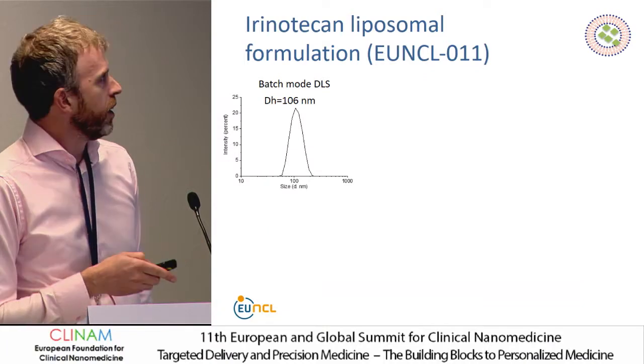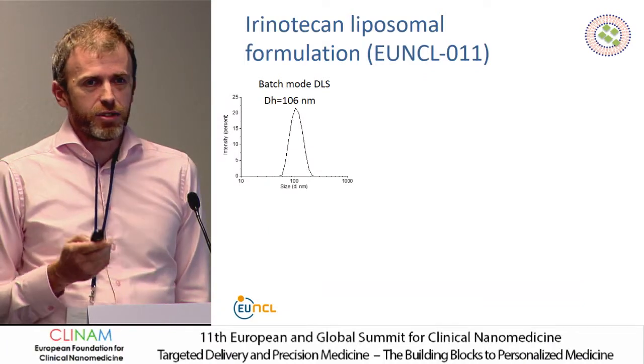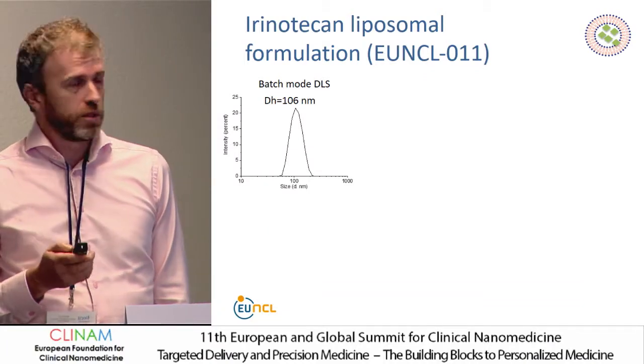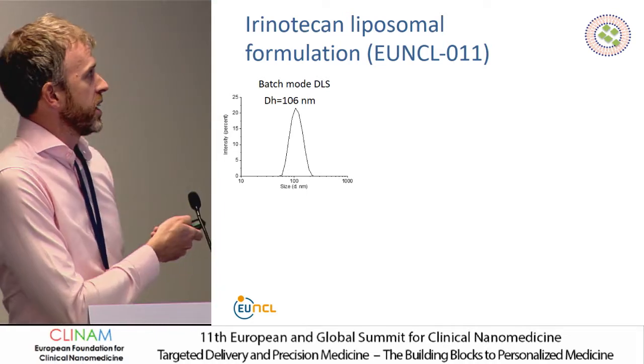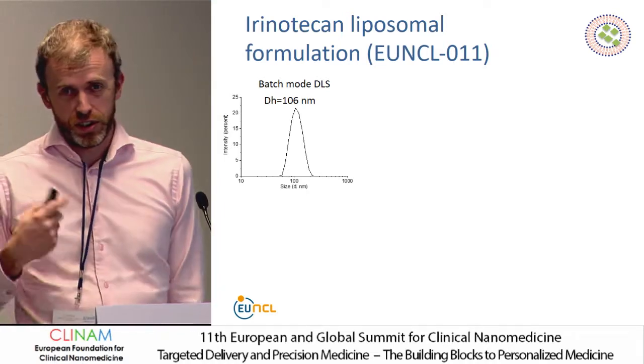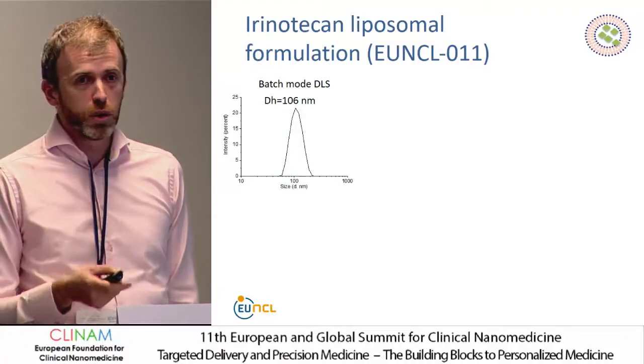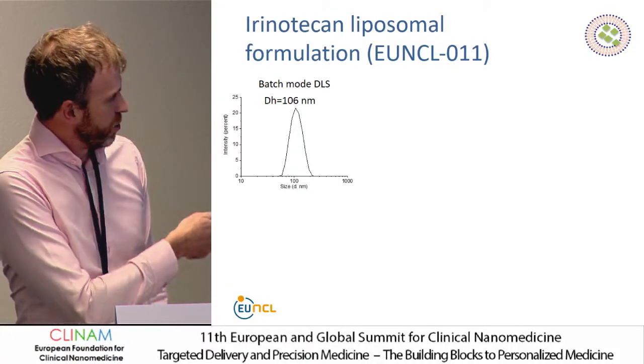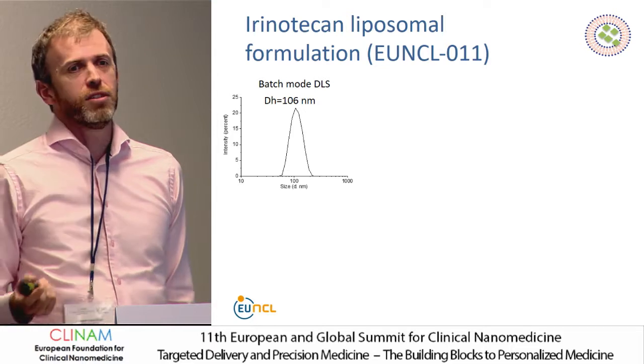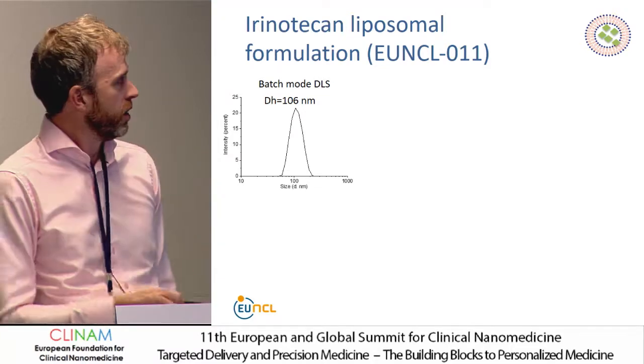Now, when you look at the irinotecan liposomal formulation, we do batch mode DLS, and it all looks very nice. The polydispersity is quite low. You have a nice distribution here. Now, if you stop here, you will actually miss something.